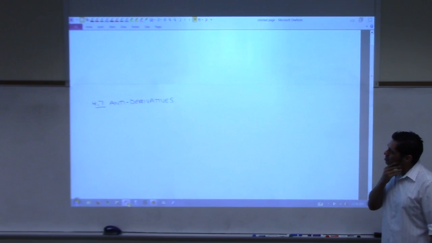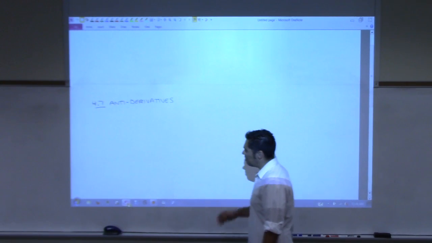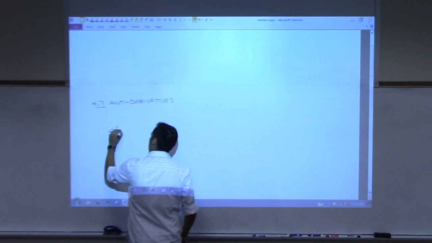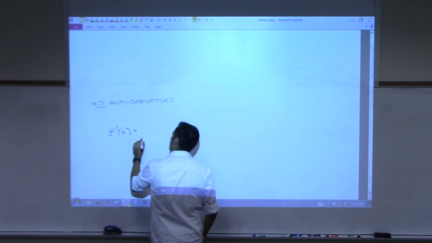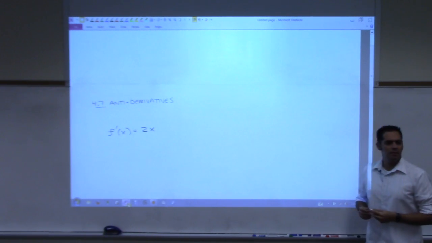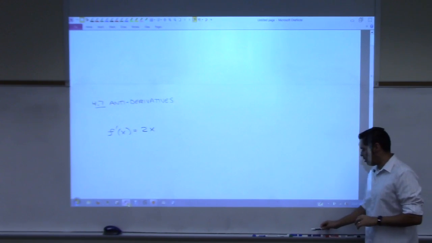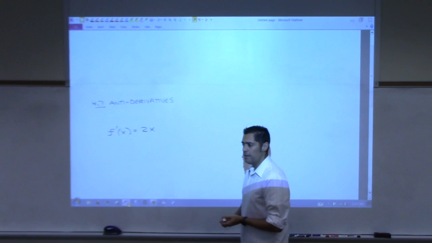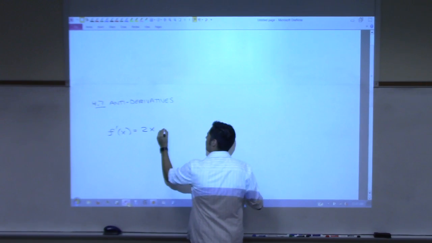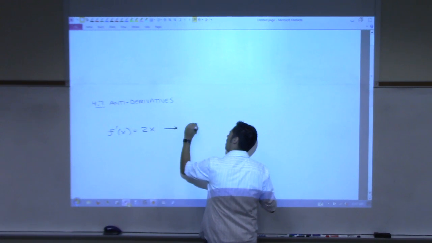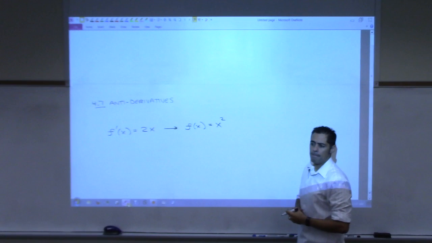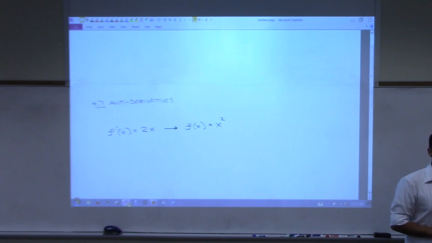All right, so let's talk about this. Let's say that I have some function f, and I tell you that its derivative is 2x. Can you tell me what f was? X squared. Everyone agree? If the derivative of some function is 2x, then the original function f of x must have been x squared. Is that the only thing it could have been?